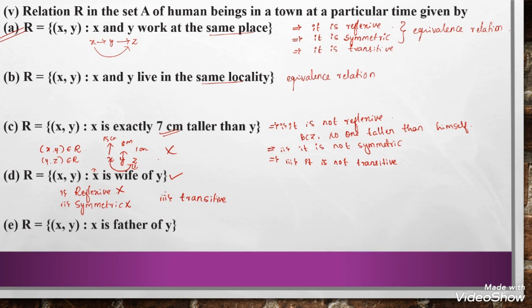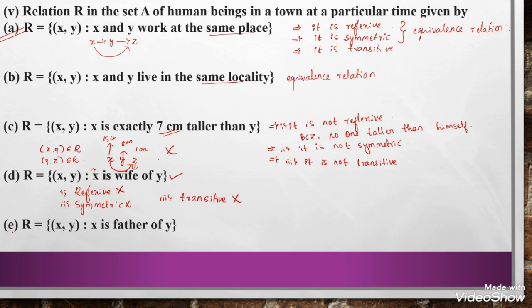Again, while considering y is related to z, at that time y is not a wife because y is a male person, not wife to anyone. So it is also not possible. Therefore, the relation R does not hold any condition.